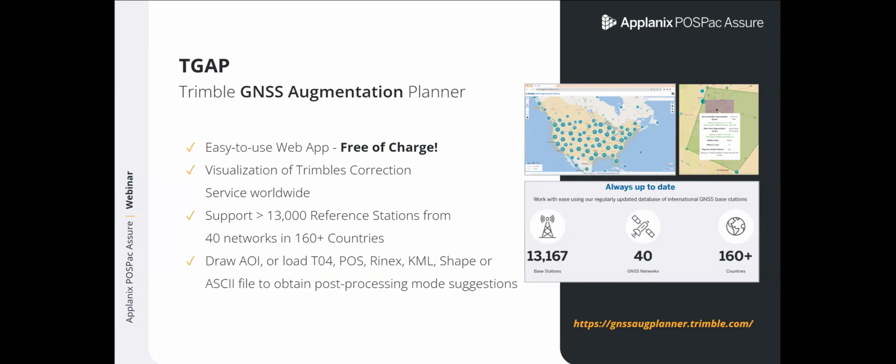By the way, that suggestion of the processing mode is incorporated into POSPac Assure. So it's already kind of there. But this tool gives you another web application where you can visualize your mission, your trajectory versus correction data that are available.